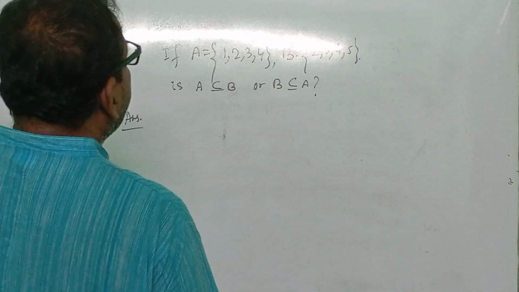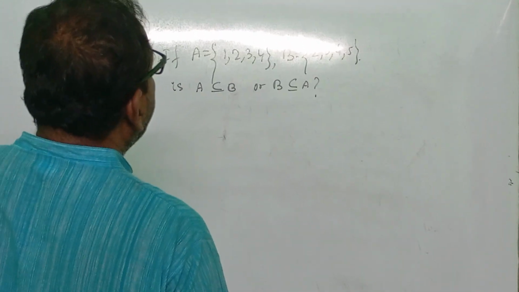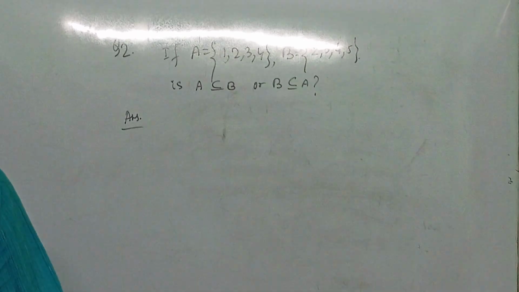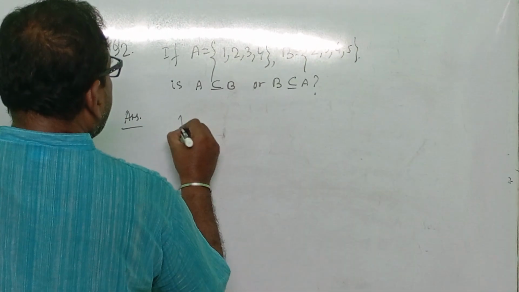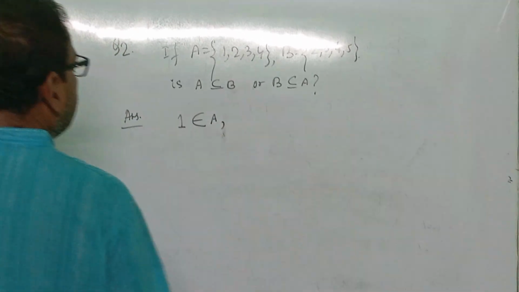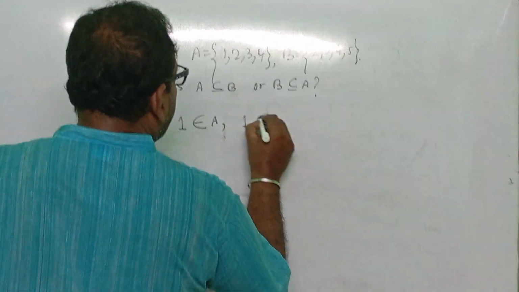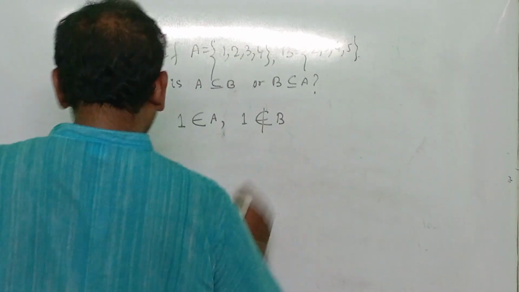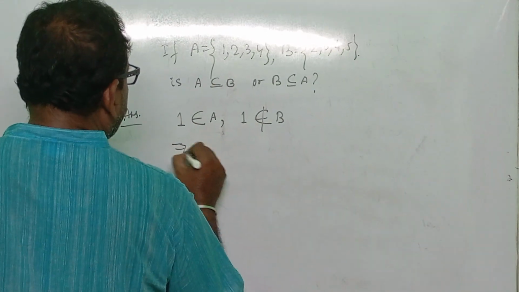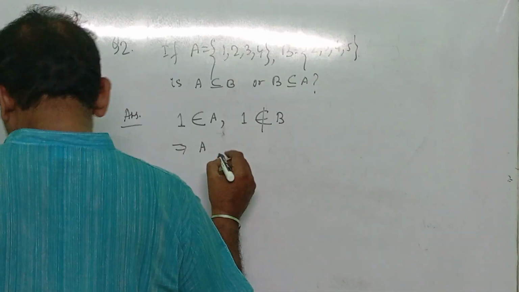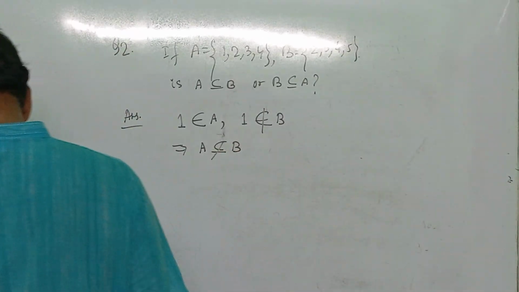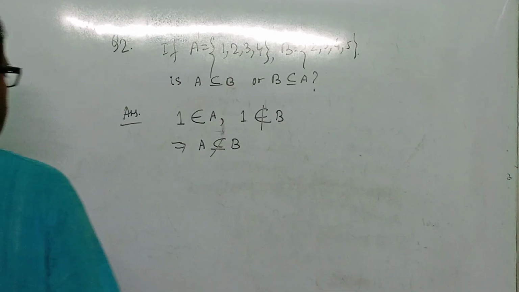Now A is 1, 2, 3, 4, and B is 2, 3, 4, 5. Now see that element 1 belongs to A, but 1 does not belong to B. That means A is not a subset of B. That is the number 1 condition.